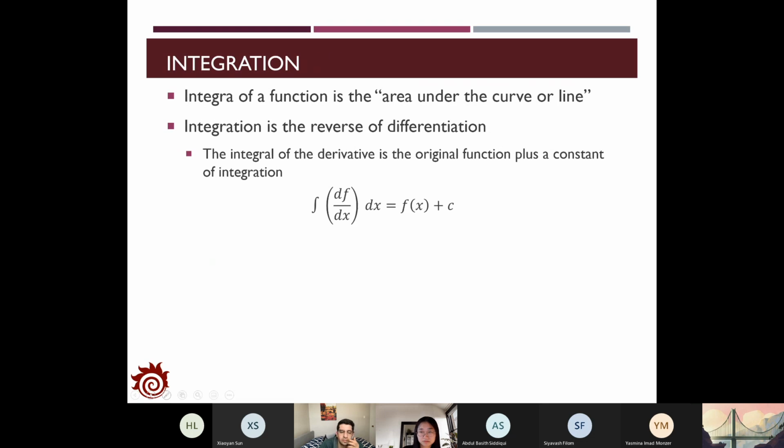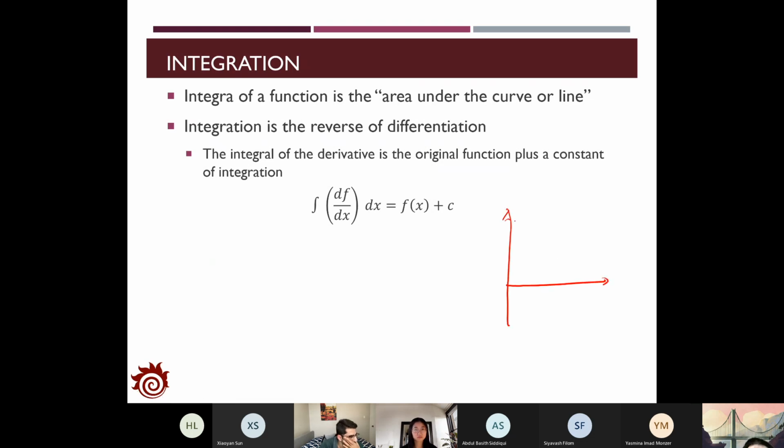For calculus, another important operation we need to do is integration. Integration is basically designed to find the area under the curve or line.